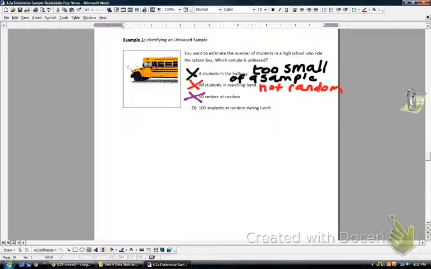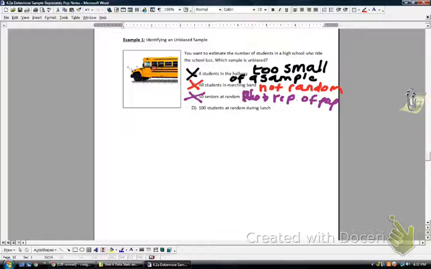That is not a good sample because it doesn't represent the population. So let's say not representative of population. Seniors might be more likely to drive than, say, freshmen, because freshmen don't have their driver's license and seniors do.